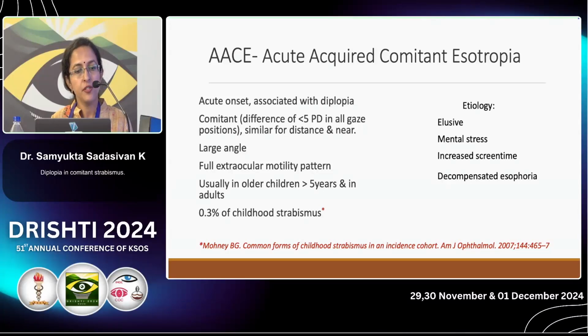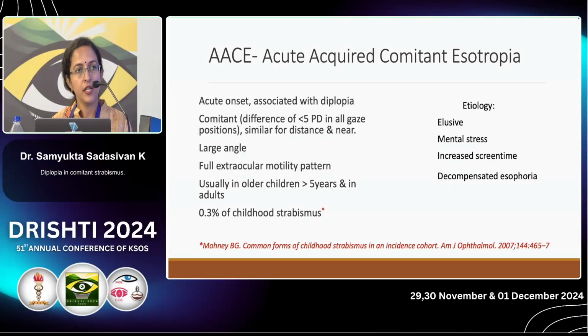The salient clinical features include acute onset, association with diplopia for both near and distance, and comitant nature of the deviation, with a difference of less than 5 prism diopters in all gaze positions, values being similar for both distance and near.